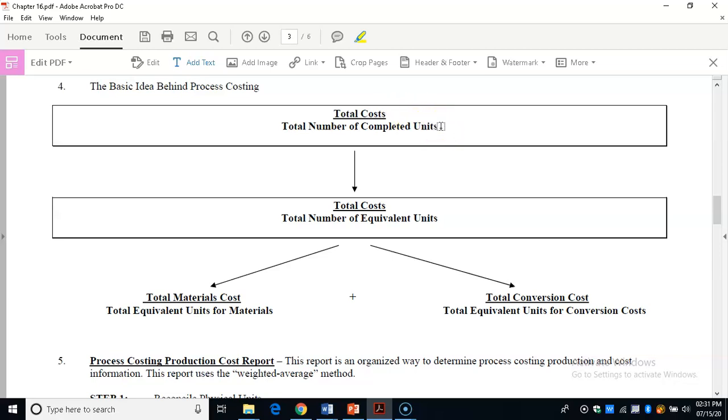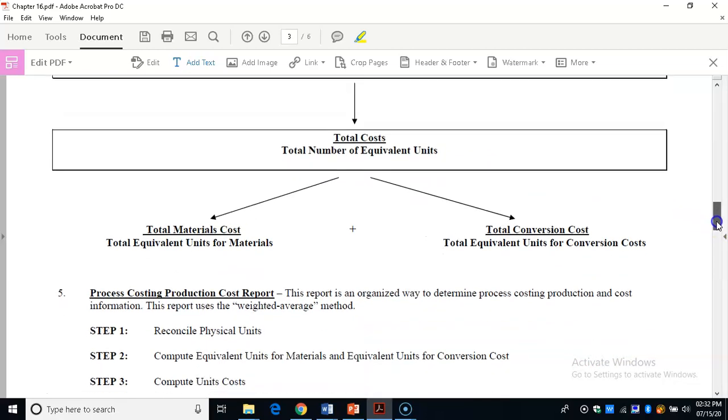How much does it cost to make each unit? What's $10 divided by 10? It would be $1. Well, isn't completed unit kind of the same as equivalent unit, right? So you can see here that I have total cost divided by total number of equivalent units.